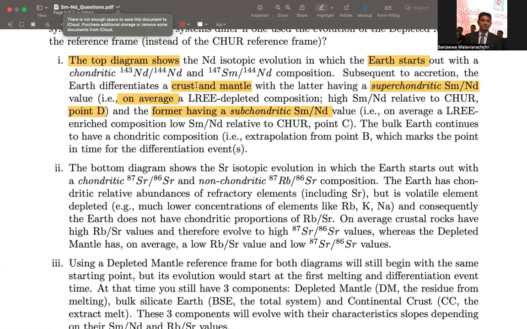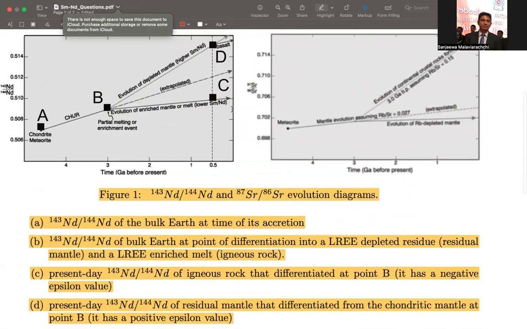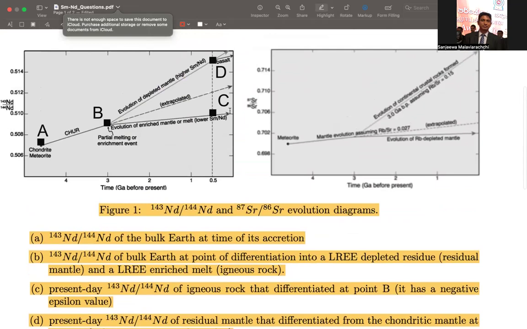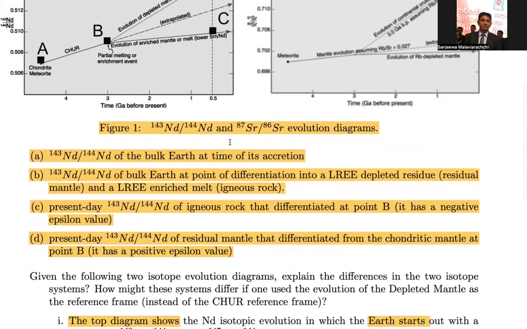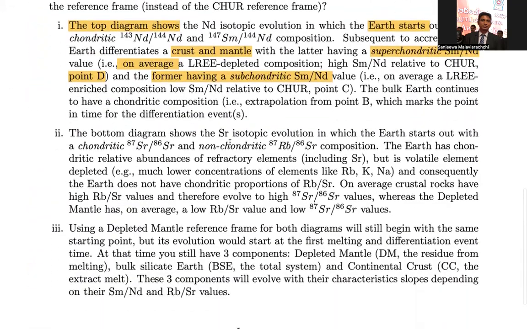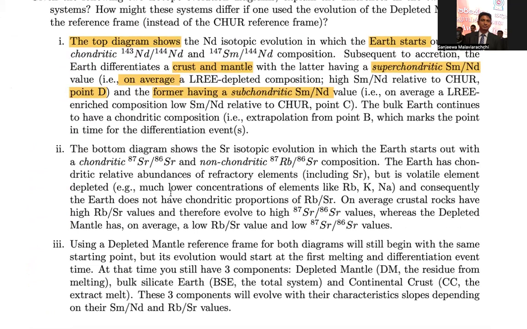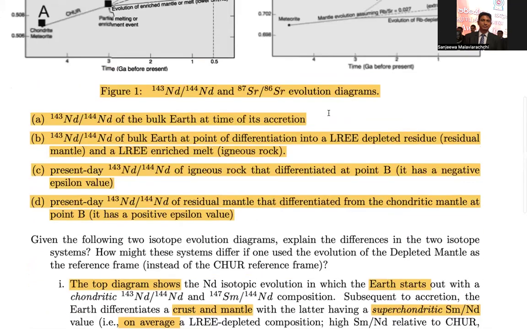And then low samarium neodymium relative to chondrite, which is given in point C here, right? So you have a low angle, low angled evolution line, right? The bulk Earth continues to have a chondritic composition. That is the extrapolation from point B, which marks the point in time of the differentiation event.